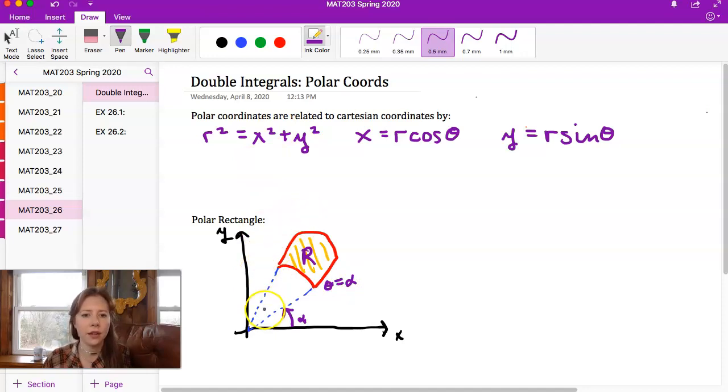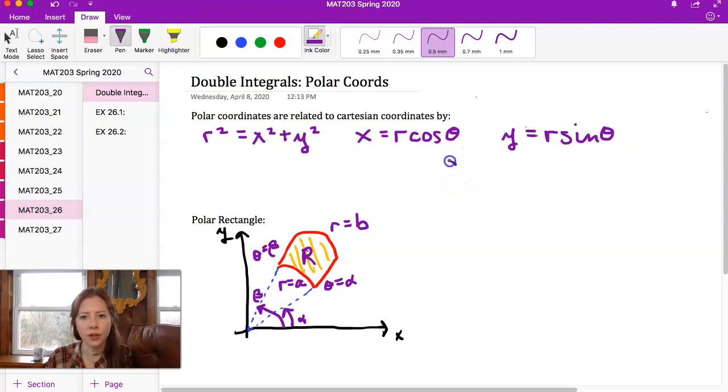And then this will represent an angle of theta equals beta. So out here we'll have theta equals beta. And then moving this way, we're going to have a lower limit for a radius. So radius is equal to a. And then we're going to have an outer extent of a radius where r is equal to b.